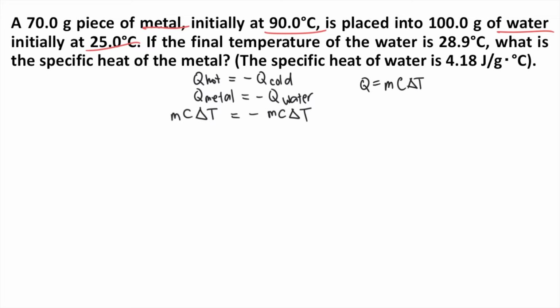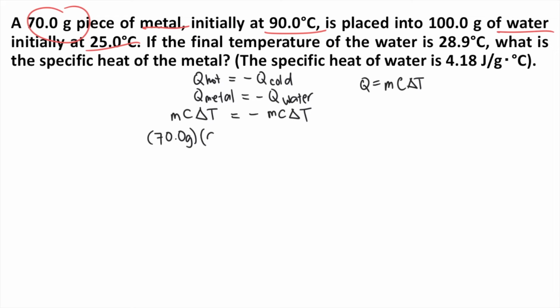Let's substitute the values. M stands for the mass. So the mass of the metal is 70.0 grams times C, the specific heat of the metal, which we do not know yet because that's what's missing in this problem.